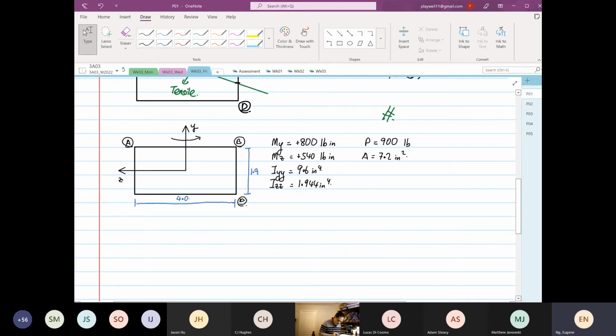Now, what if I want to use the formula sigma x is equal to Px over A plus My over Iyy multiplied by z minus Mz over Izz multiplied by y? How does it work?